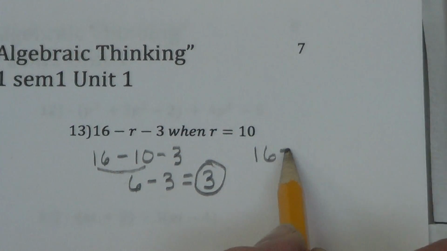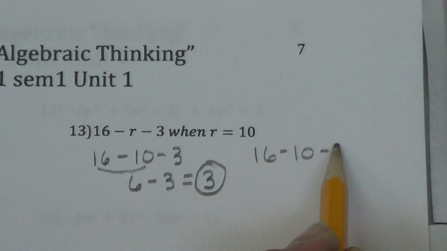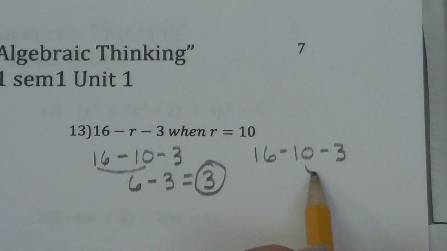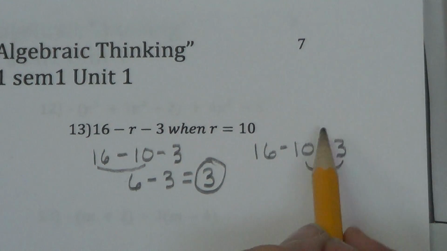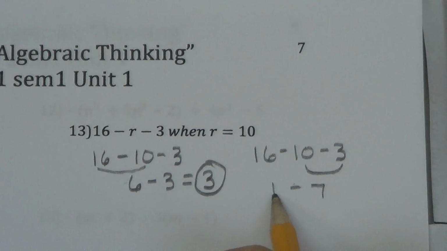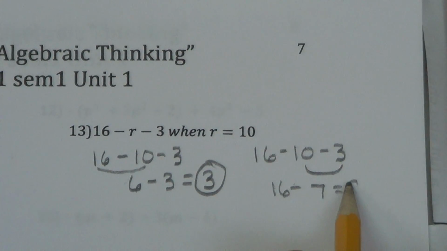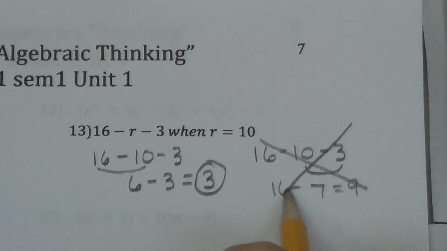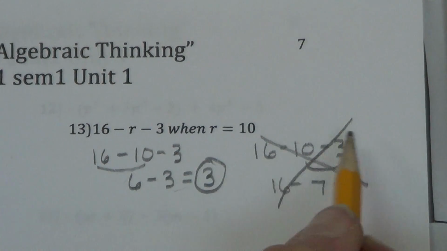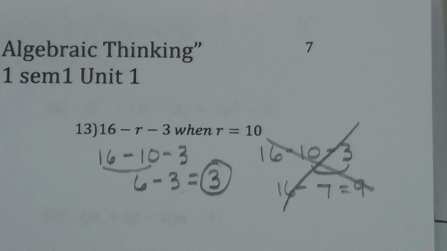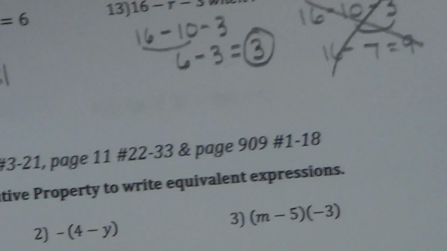If you went 16 minus 10 minus 3 and you did not go left to right, you would get 7 there if you were making an error with that. And 16 minus 7 is 9. That is incorrect. You need to go left to right with the subtraction.